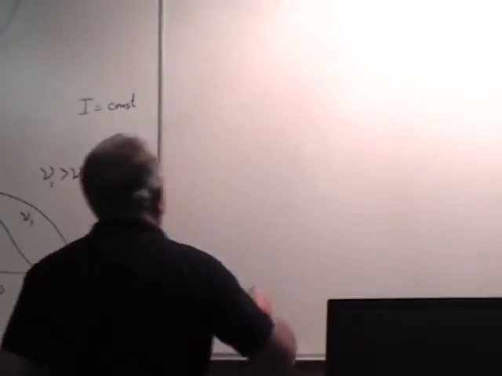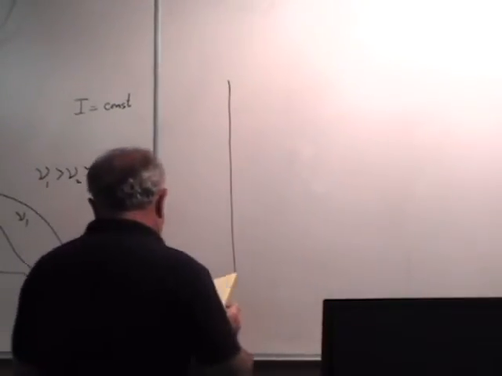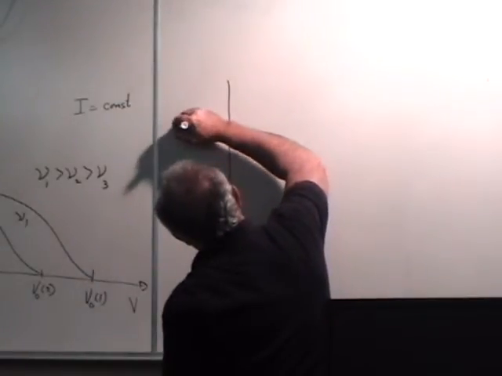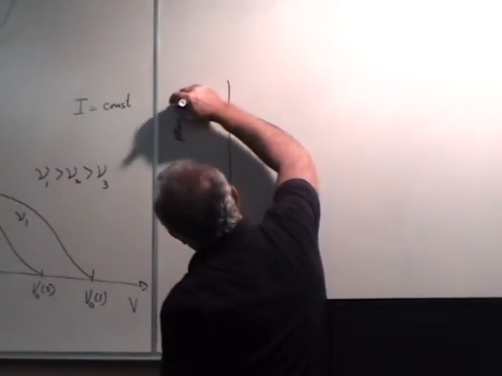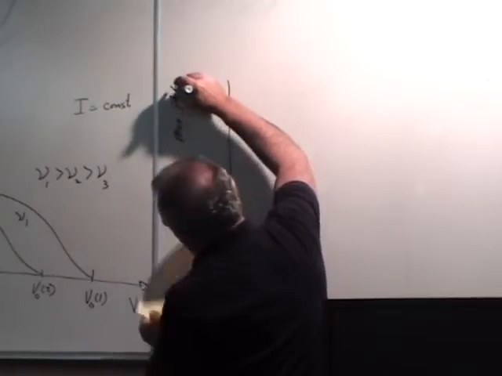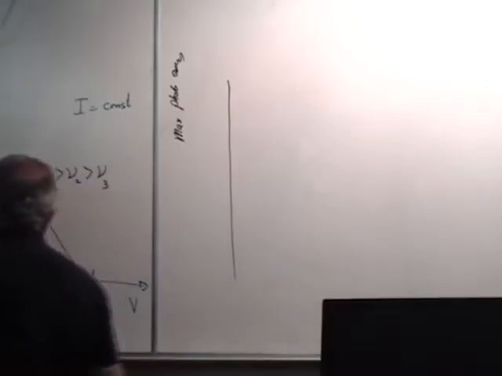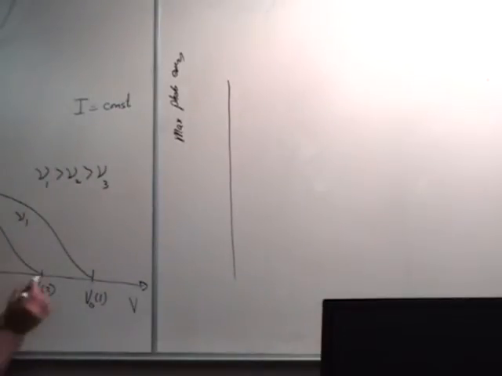Our last experiment is like this. The vertical axis is going to be maximum photo energy, essentially selecting this point.